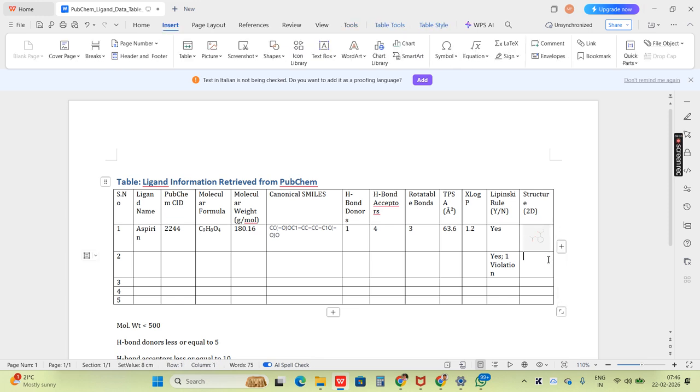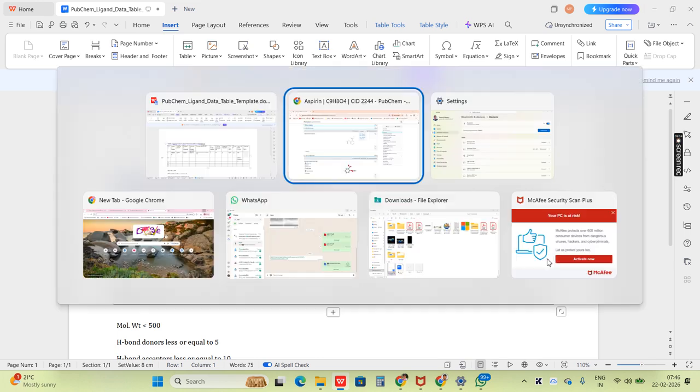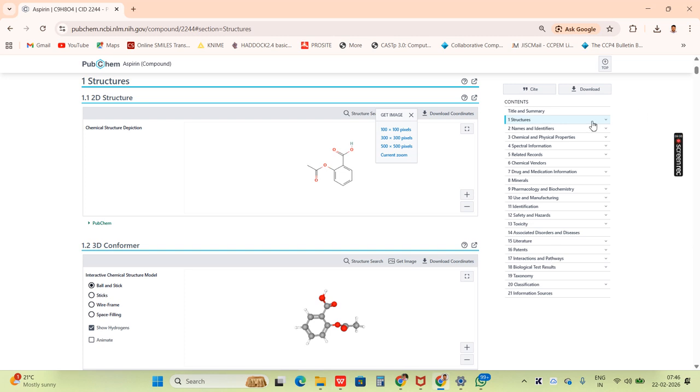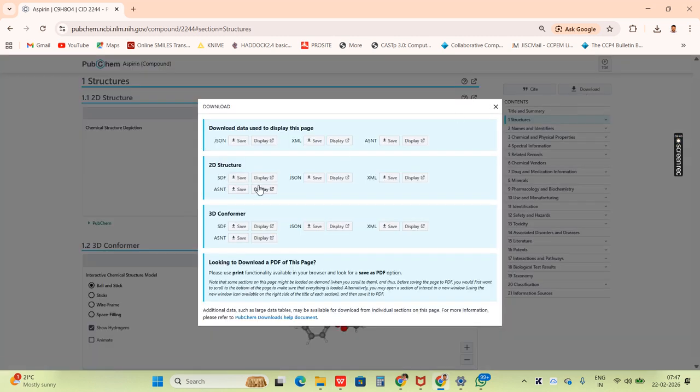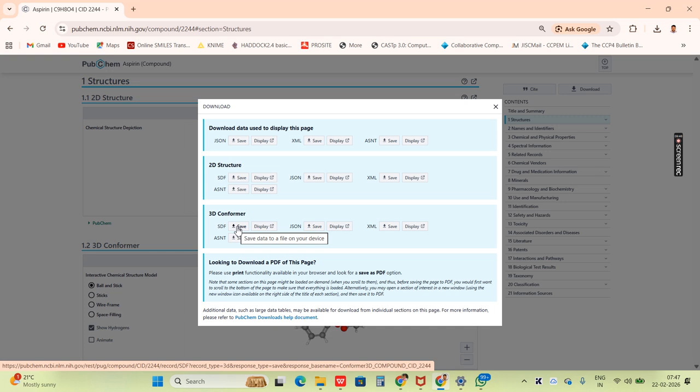Now the most important step is to click on the download button. You have to download the 3D conformer in SDF format of the file for further use.